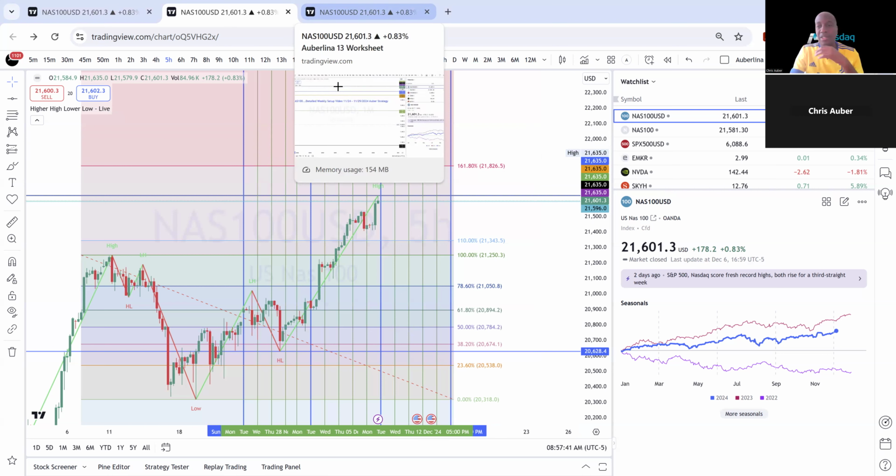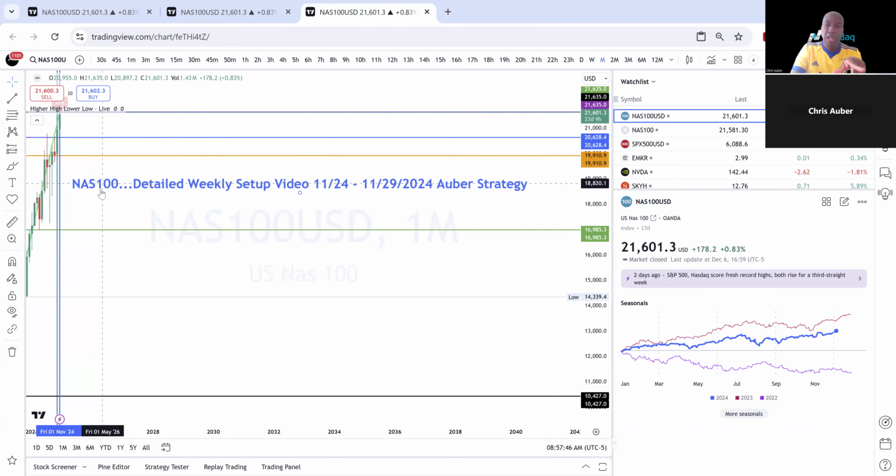All right, guys. Before I begin, I just want to let you know that if you would like to see how I set up my support and resistance lines, you can always refer to the video entitled NAS100 Detailed Weekly Setup, for the period 11/24 to 11/29.